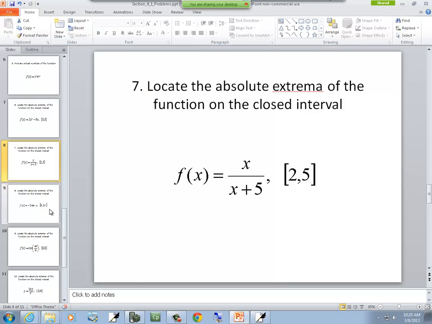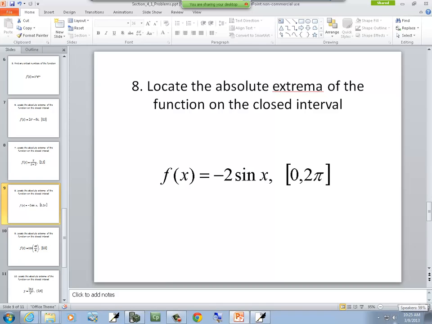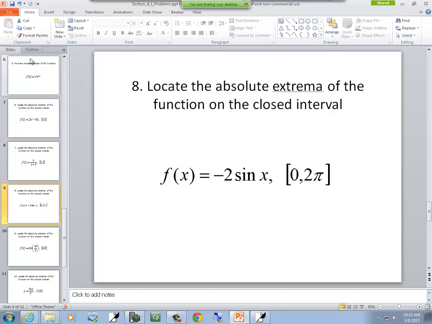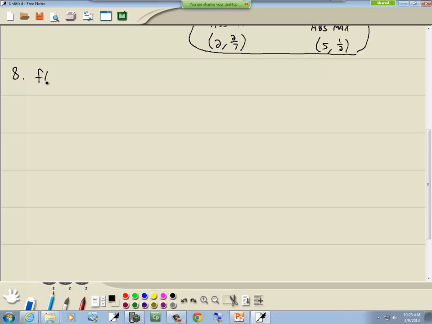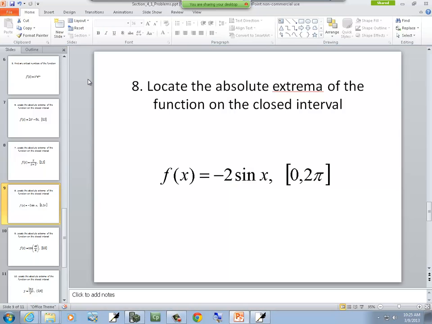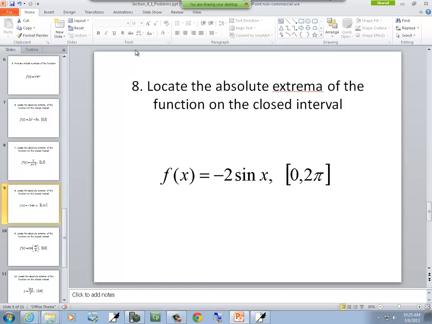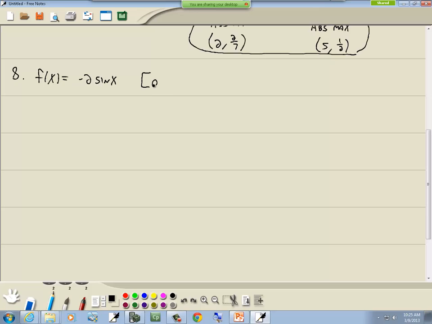Okay, so let's look at our next one. Got f of x is equal to -2 sine x, 0 to 2 pi. Now step 1, find our derivative. -2 just carries down, and derivative of sine is cosine.